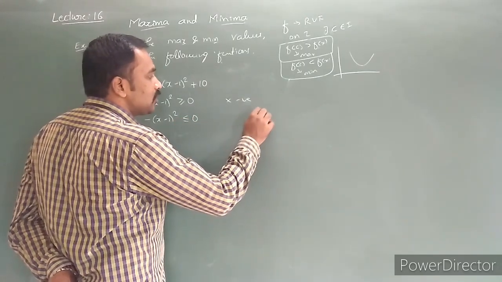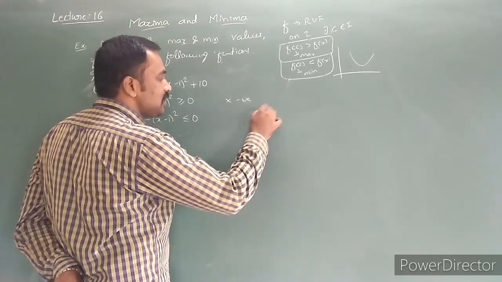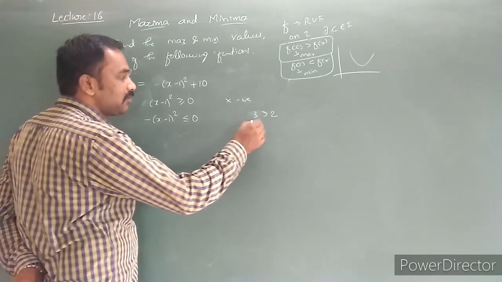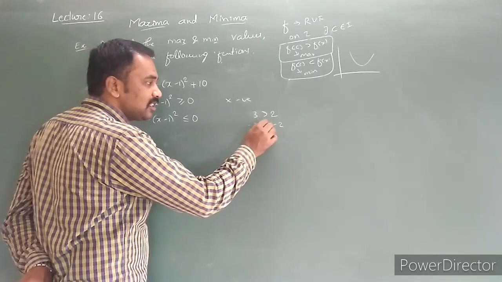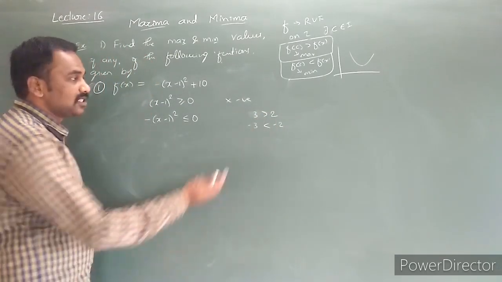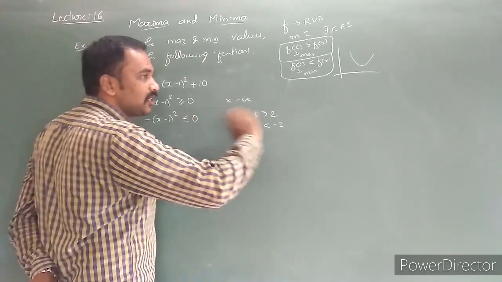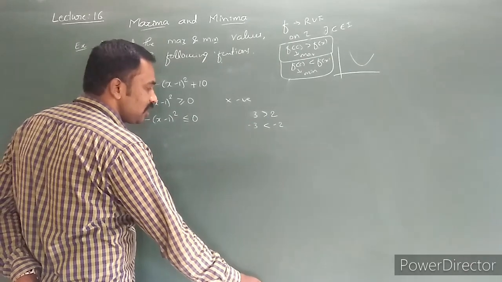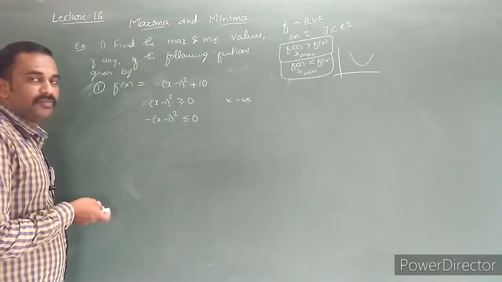For example, 3 is greater than 2, we agree. Multiply by minus: minus 3 and minus 2. Which one is larger? Here minus 2 is larger. We already know this property: if I multiply an inequality by a negative quantity, the inequality reverses.